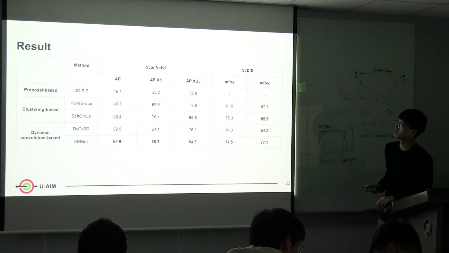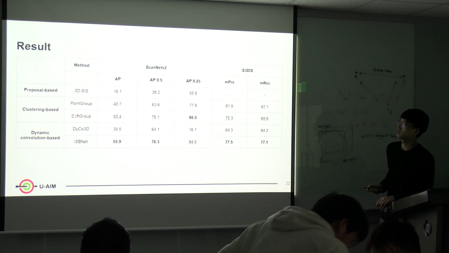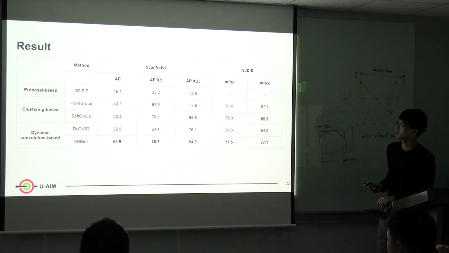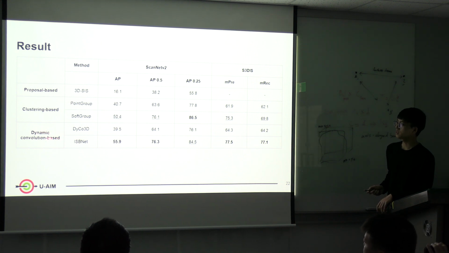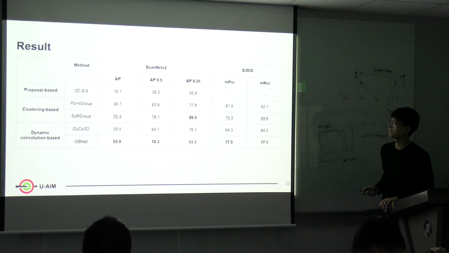And I think now the cluster-based method, the leading result in the leaderboard is SoftGroup, and for the dynamic convolution method, the leading result in the leaderboard is ISBNet, published in CVPR 2023.